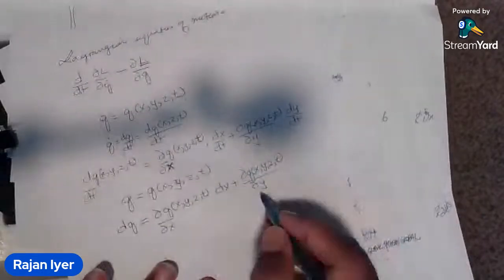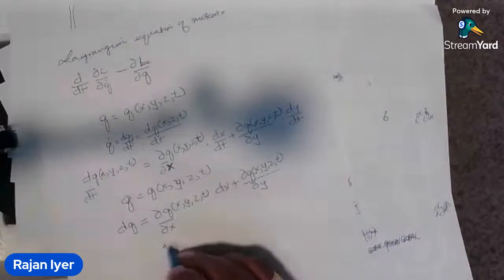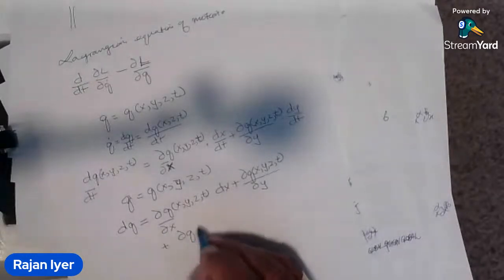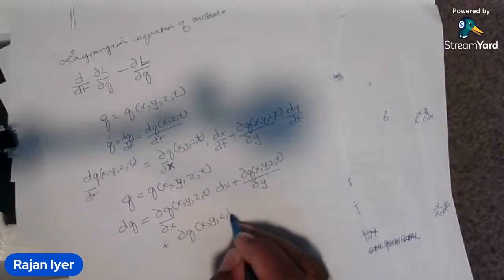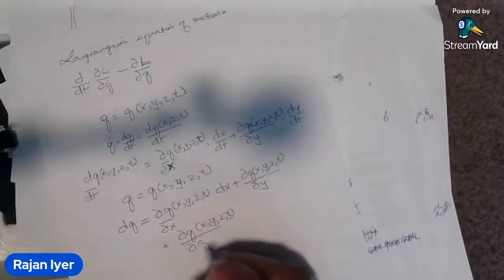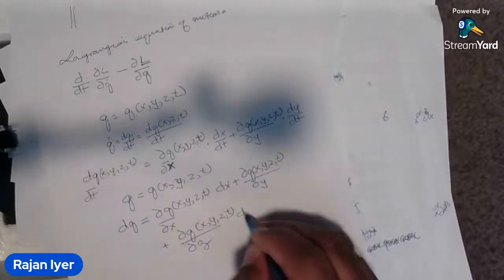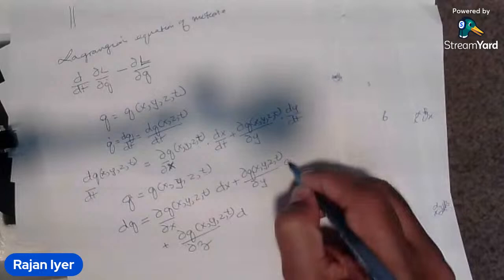It's a little more. So, to write the whole thing, del z, this becomes dy and it becomes dz, and then I have del q x y z t over del t times dt. You see that? Okay.